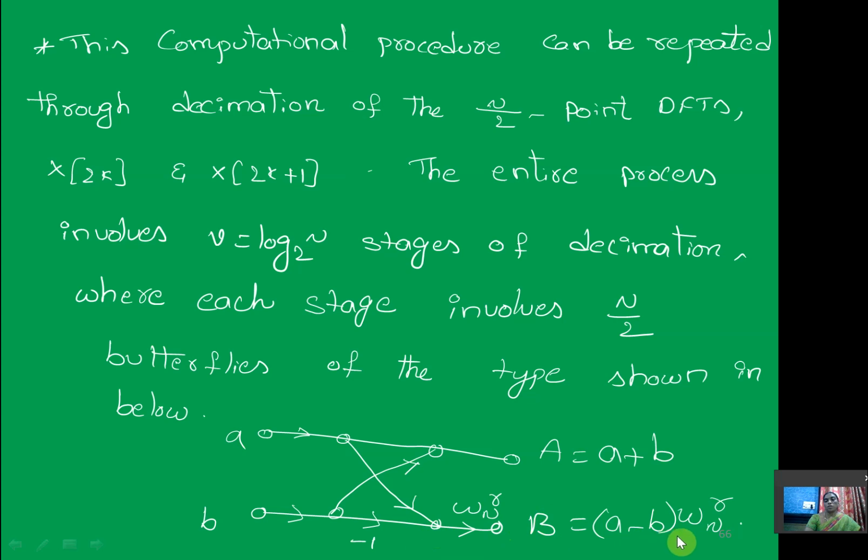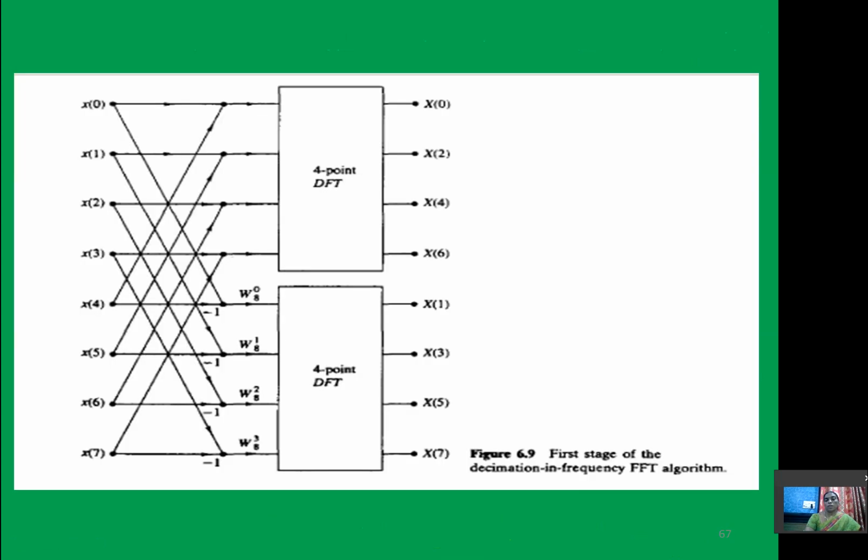Based on this butterfly diagram, we implement X of 2k and X of 2k plus 1 from x of n.